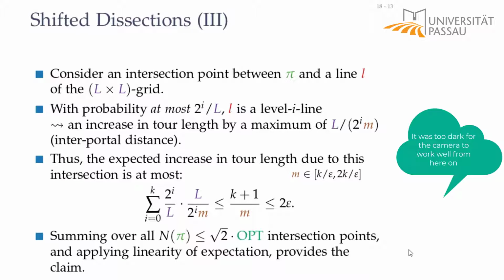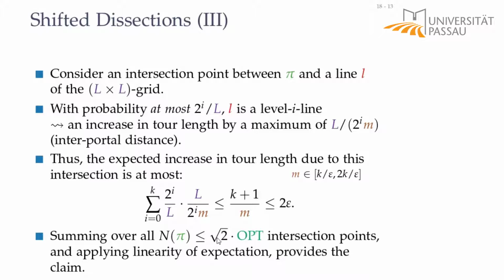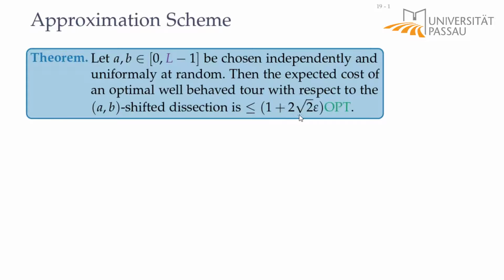So since we have at most the square root of 2 times optimum intersection points, for each of them we increase it by 2 times epsilon, the total increase is at most 2 square root of 2 times epsilon.